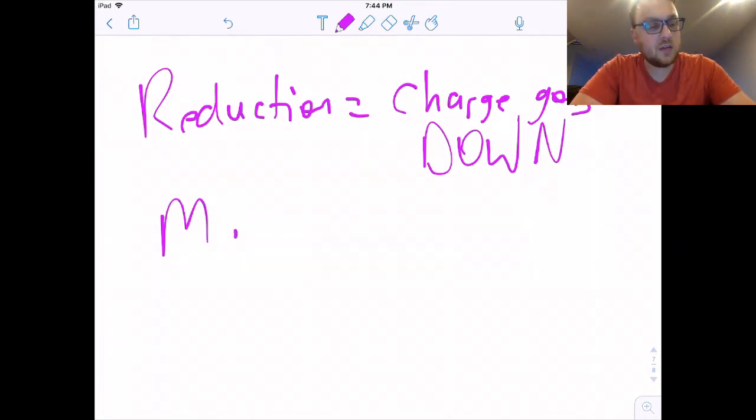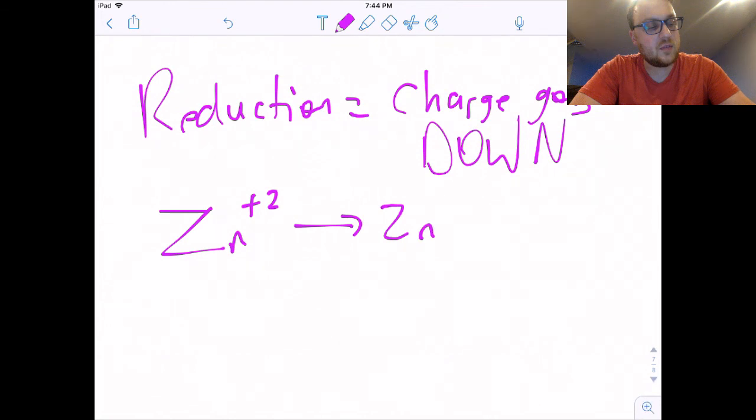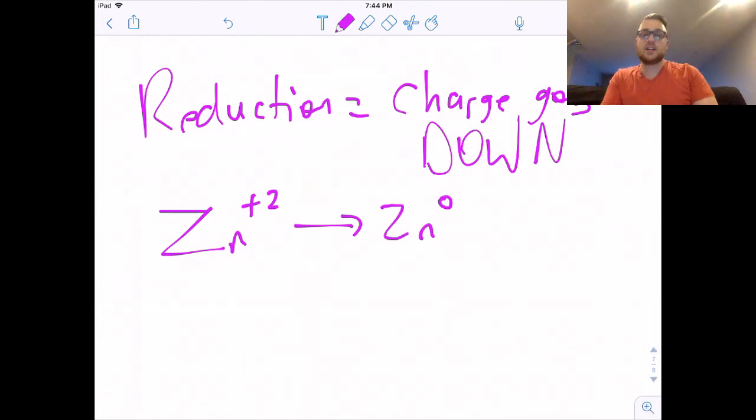I just did Mg. Let's do zinc. Zn +2 going to Zn with a charge of 0. If you see that charge getting smaller, you have a reduction occurring. How do you know, or what does that mean? Why does the charge go down?